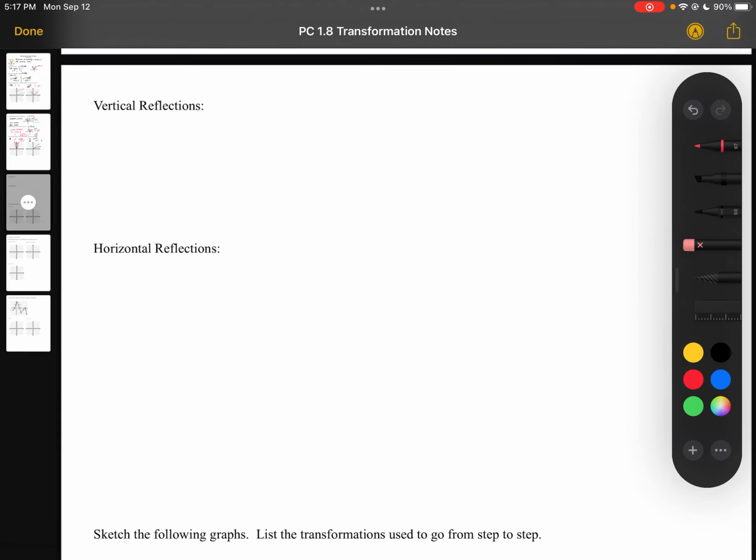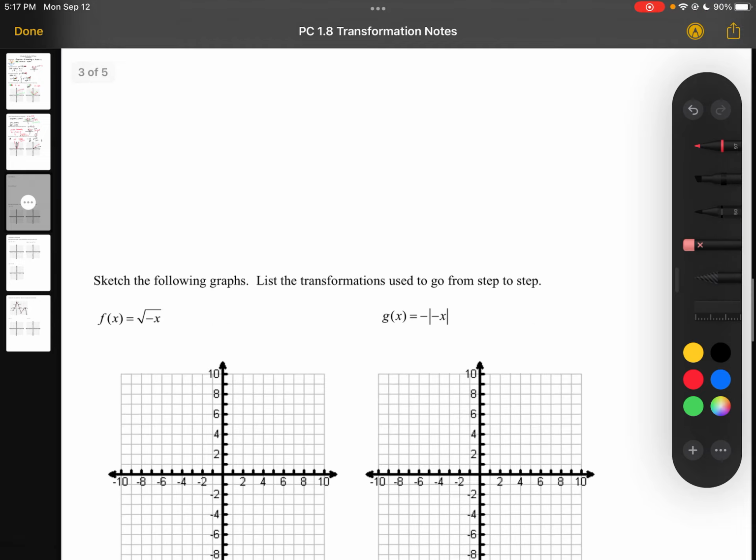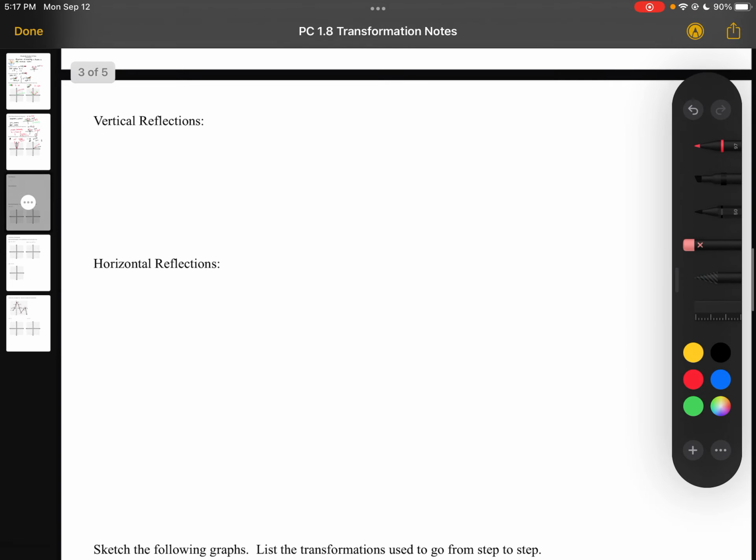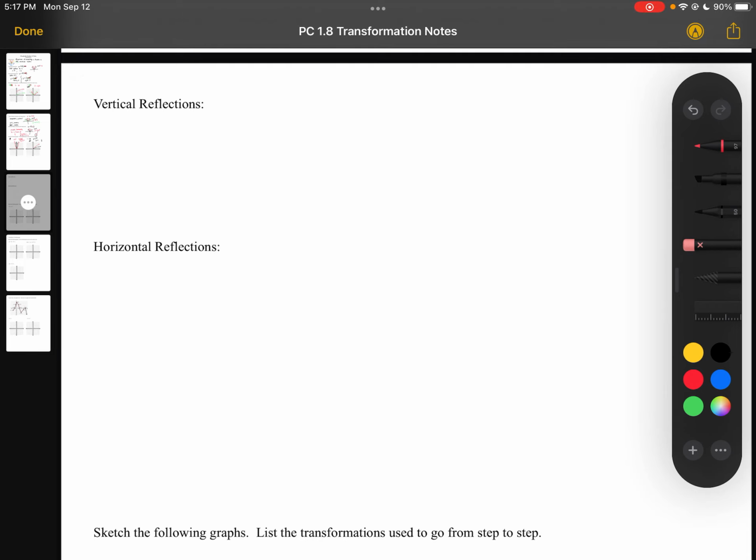All right, so the last type of examples that we're going to see here, and that's going to basically be the last of our definitions for today before doing some practice. So we have vertical reflections and we have horizontal reflections. A vertical reflection happens when we have a negative value in front of our function. This is the negative y example.